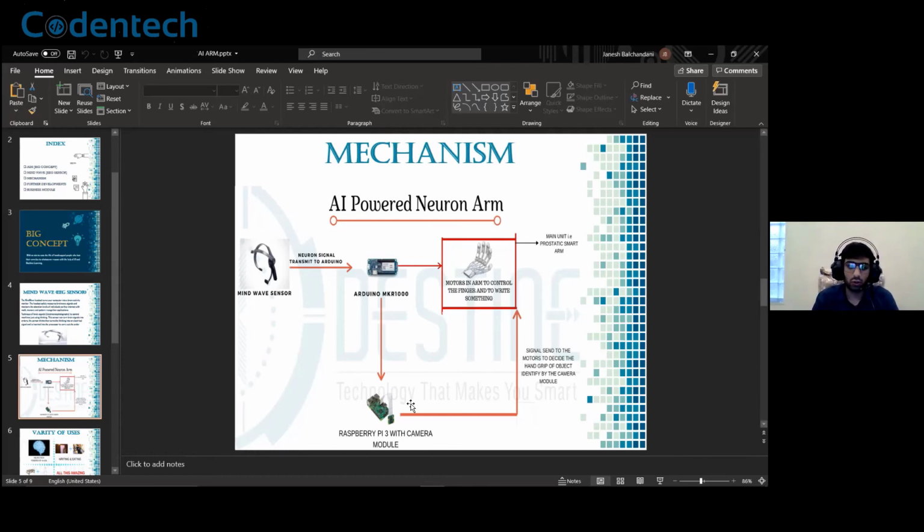If there is a diary or a chair behind my back, the machine will get to know, oh, this is a heavy wooden chair, so this would be the grip of the robotic arm that would move and control the chair. So not just taking data from the brain, but also improving itself with computer vision.